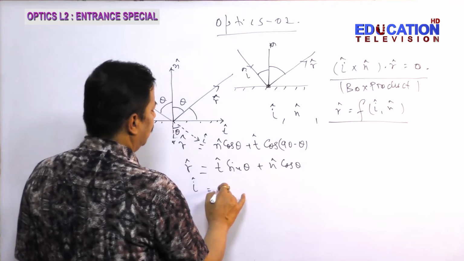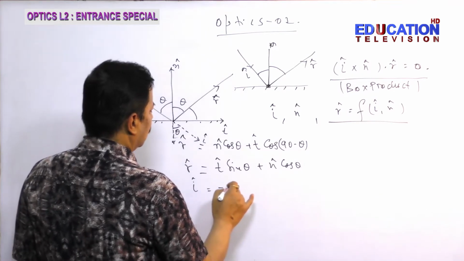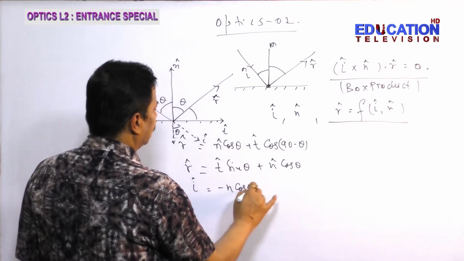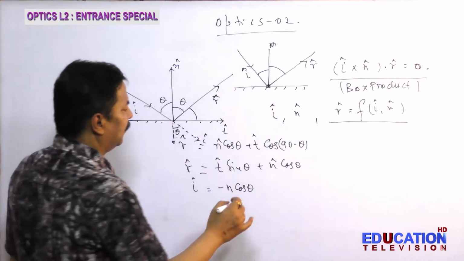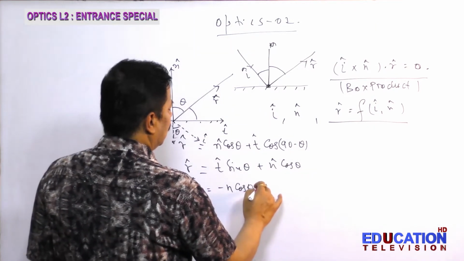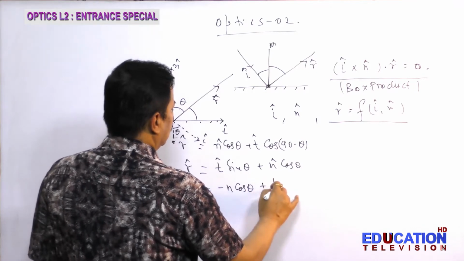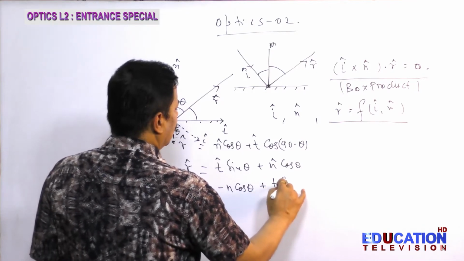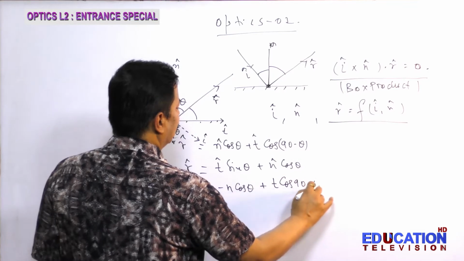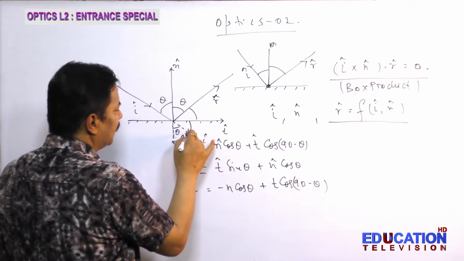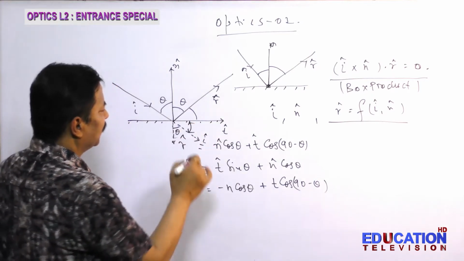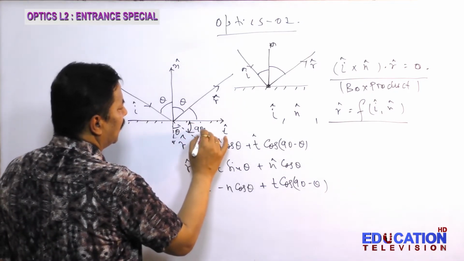minus n cos theta, and this is 90. So this is t cos 90 minus theta, because this angle is 90 minus theta. This is 90 minus theta.